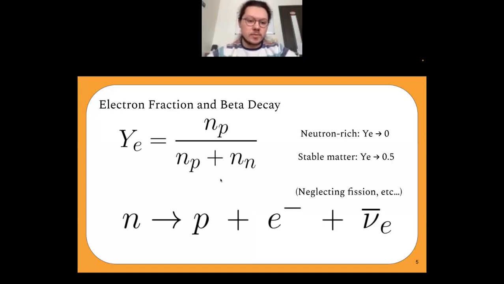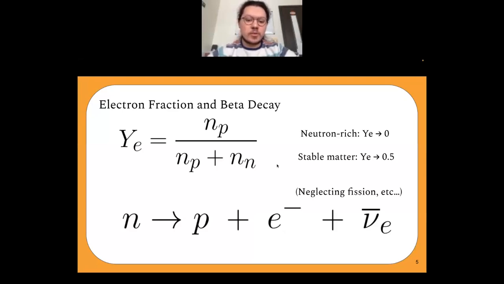The context of this quantity and the neutron richness is that if we consider radioactive decays, and for simplicity, we're just going to consider beta minus decay and neglect things like fission and more complicated decays. We can see that beta minus decay is a neutron decaying into a proton, an electron, and an antineutrino.